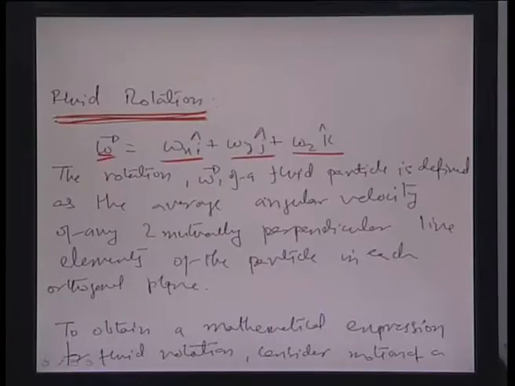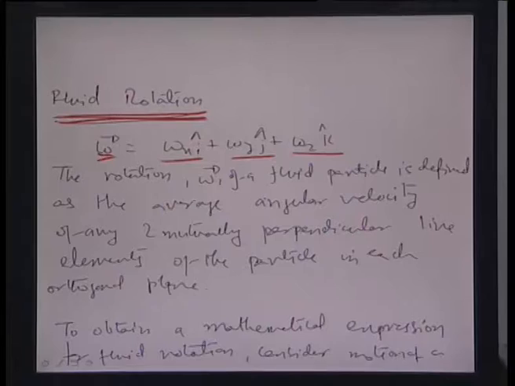Okay. So how do you define the rotation in this kind of a case? Suppose you have two mutually perpendicular planes like this, and you are rotating the planes all together, retaining the perpendicularity between them. That means the planes are not deforming with respect to each other, they are just keeping the same angle and rotating. The average velocity of rotation in this case would be the velocity of plane 1 plus velocity of plane 2, which is orthogonally placed, divided by 2.